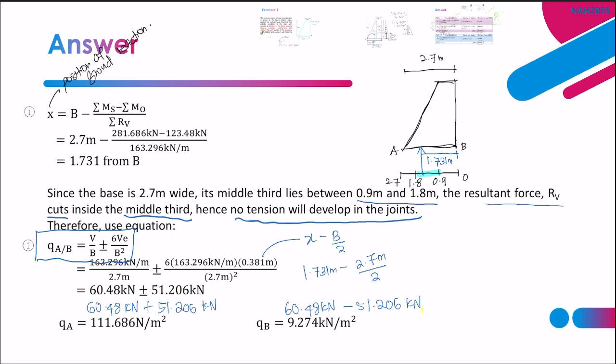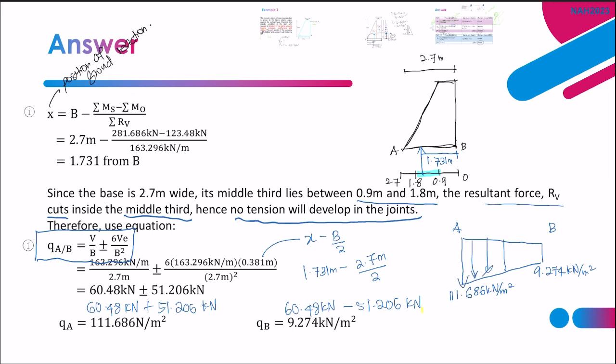That is the value. And if you need to draw the ground bearing pressure distribution, this is B and this is A, this will be 111.686 kilonewton per meter square and 9.274 kilonewton per meter square.